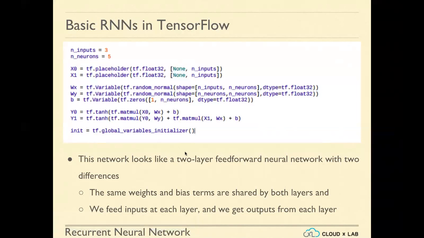The only difference is that since it's the same neuron, the weights and bias terms are shared by both. So we can look at it as a two-layer network; the only difference is that the bias term and weights are the same.